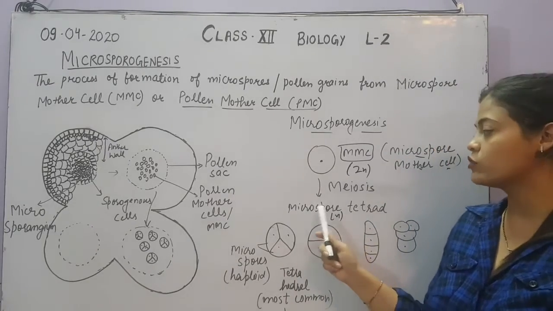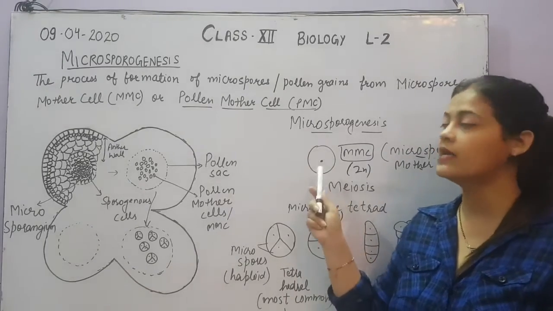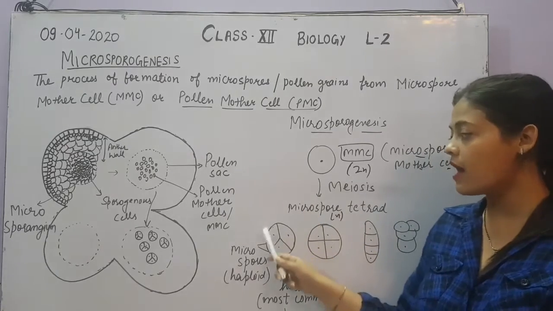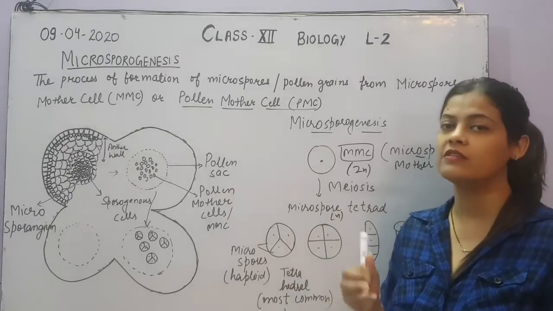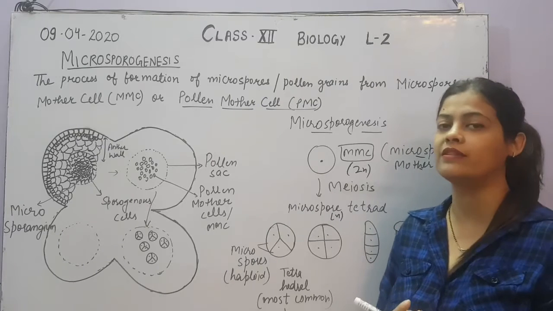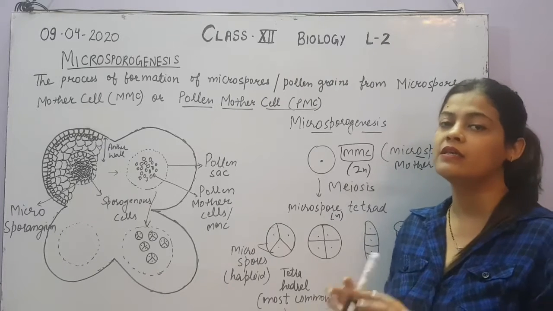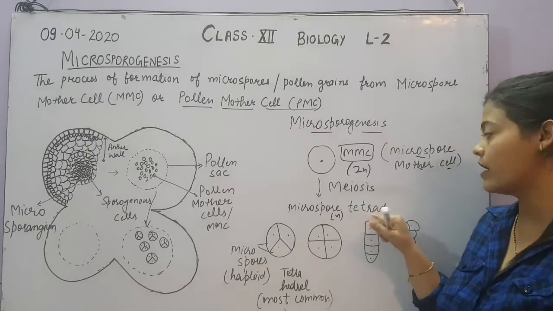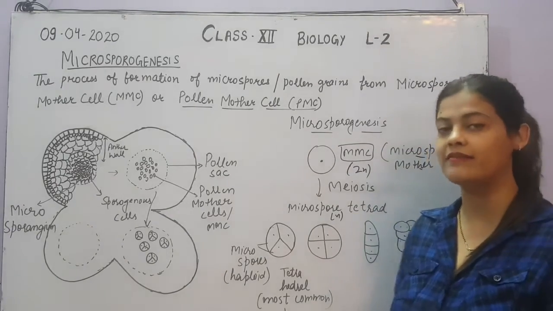Now these microspores which are formed by microspore mother cells are 4 in number. They are arranged in such a way that they all are glued together, meaning they stick to each other to form a tetrad. Why are we calling this a tetrad?